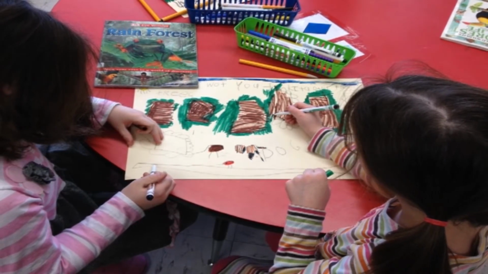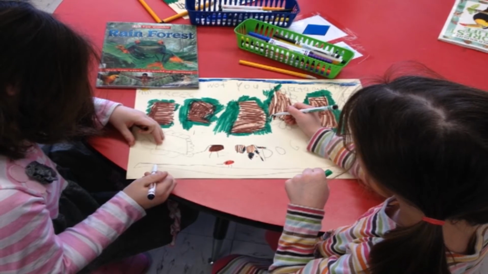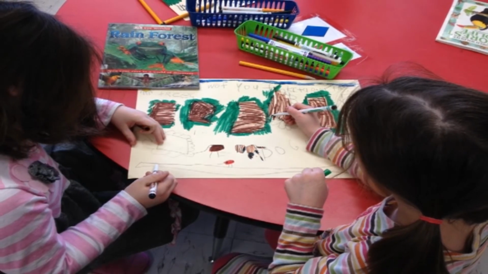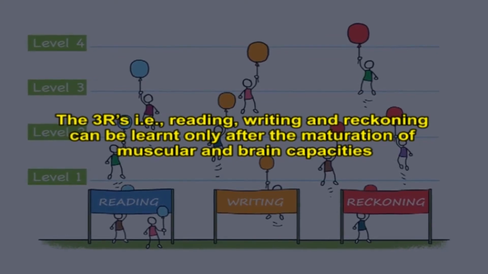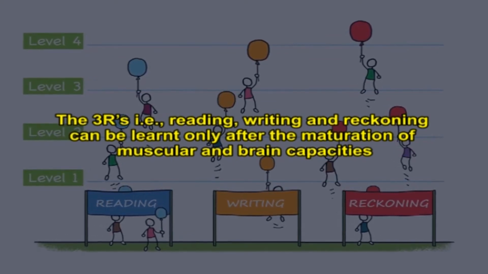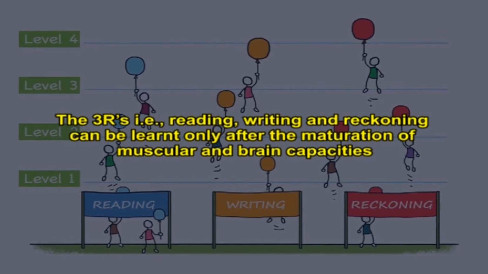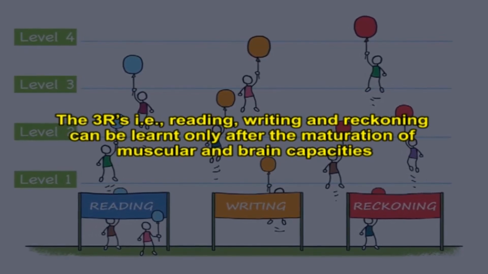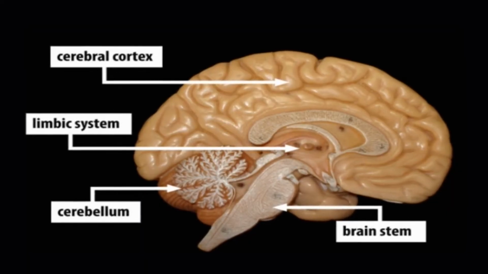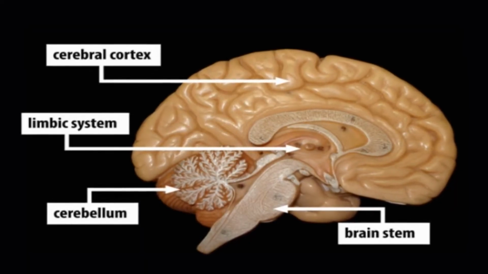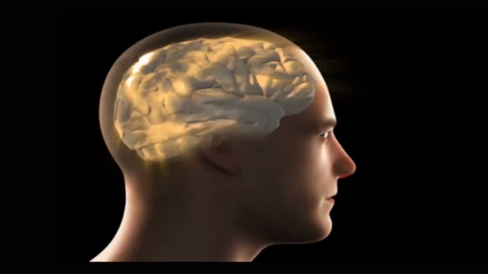Specific skills are learnt easily by children who mature earlier than others. The 3 R's, that is reading, writing and reckoning, can be learnt only after the maturation of muscular and brain capacities. The rate of learning ability is closely related to the maturation of the cerebral cortex.